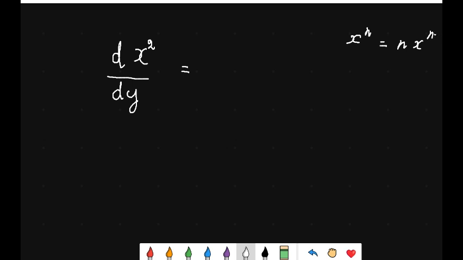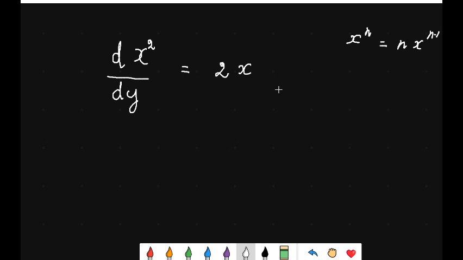So in this case, it will be 2x. Everybody agree? Because it's 2 times x to the power of 2 minus 1, which is x to the power of 1, which is x. So I took a very simple function and found the derivative for it.